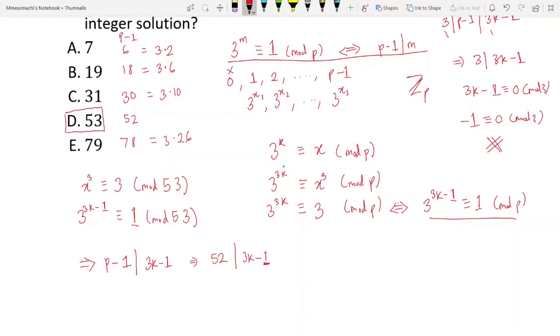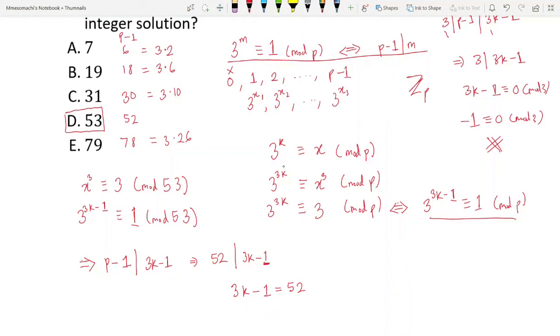We just need the k such that 52 divides 3k minus 1. Let's see if we equate 3k minus 1 to 52, we'll get 3k equal to 53, and this doesn't work.